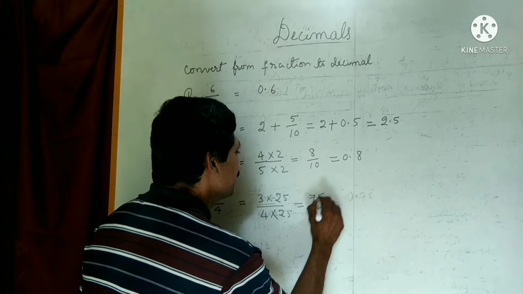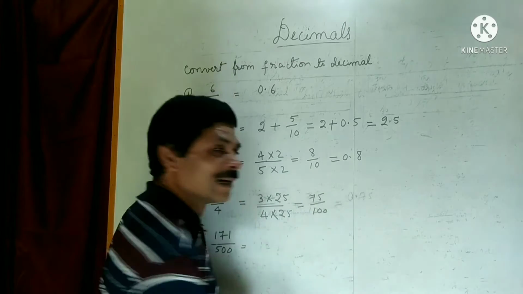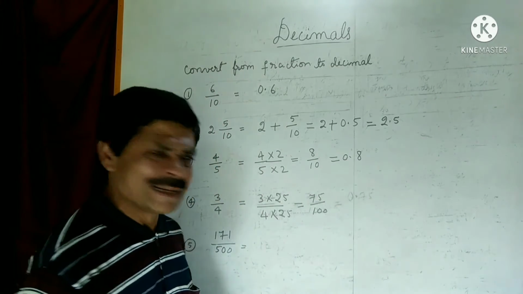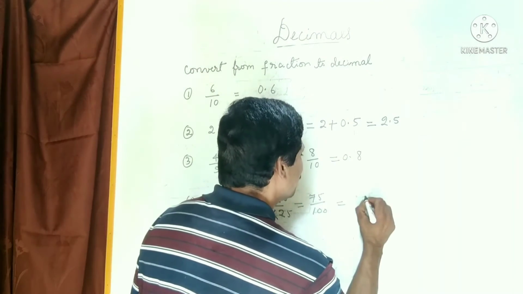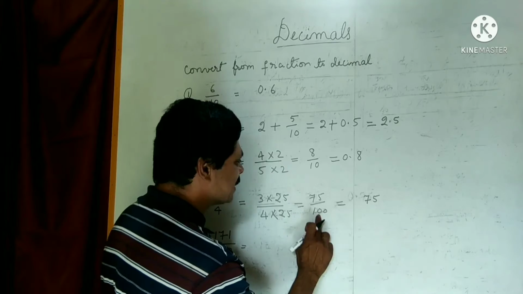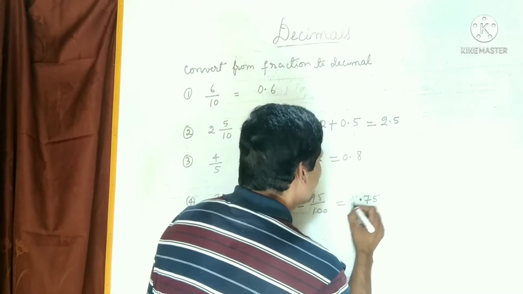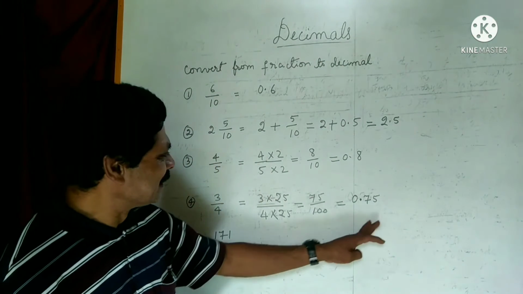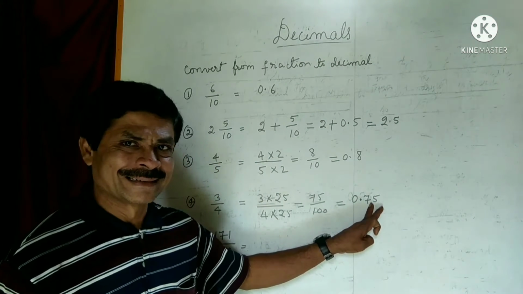That means 75/100, and this you can directly write in decimal. Just write 75, after 2 places put the decimal point, and you got the answer.